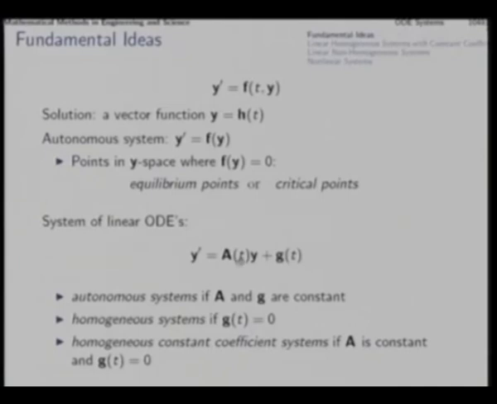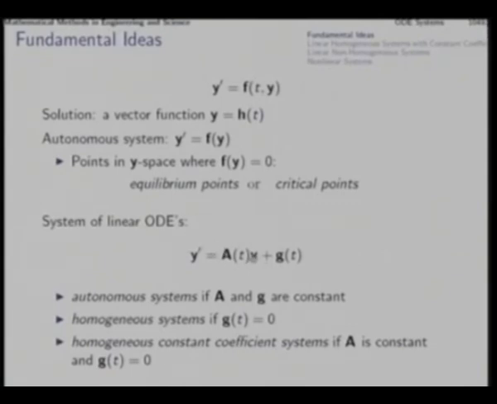So, in that case, if this function is linear in y, that means it has the form A y plus g. So, this is the linear term and this is a constant term, constant so far as y is concerned. In t it certainly varies, that is, the y-independent term is this, and this is the linear term in y.